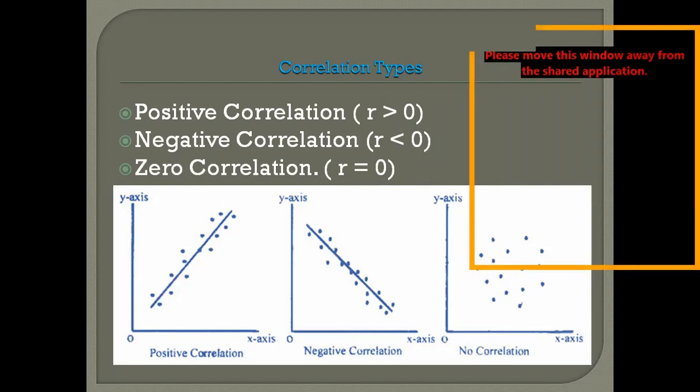Sometimes we don't have a relationship among the two variables. That's quite okay. So if the value of R is 0 or just around 0, we say there's no correlation between the two things.